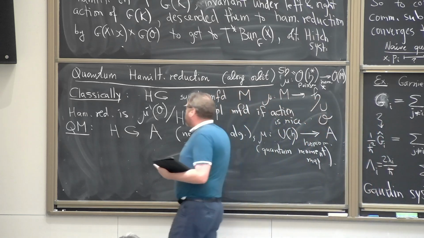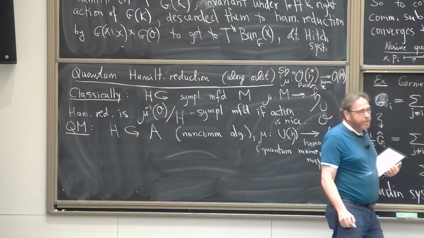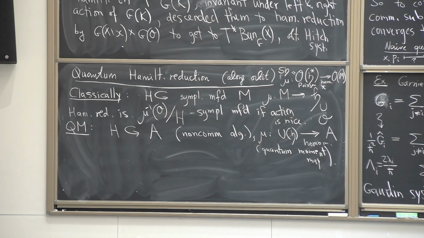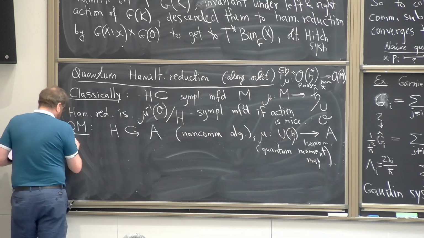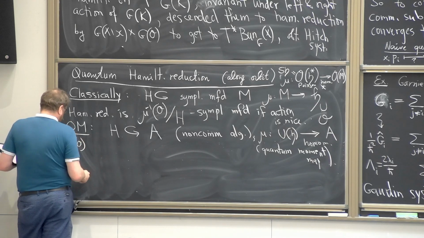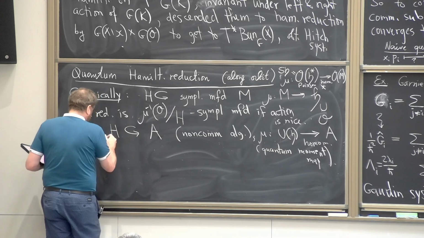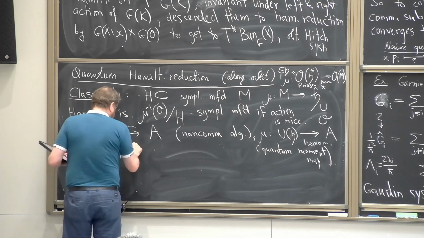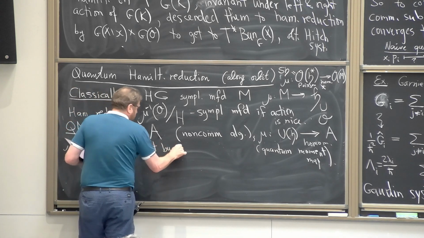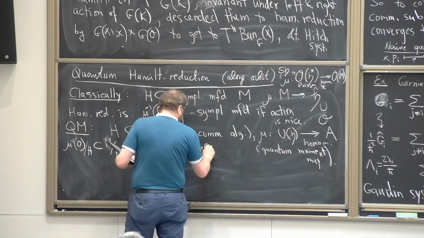That's actually a sticking point because mu to the minus 1 of O is not a Poisson submanifold. It doesn't have a Poisson structure. And for that reason, we cannot quantize it to an algebra. So it's actually more convenient to say that mu inverse of O over H is contained inside M over H. It's cut out by the equation that mu of m equals 0.